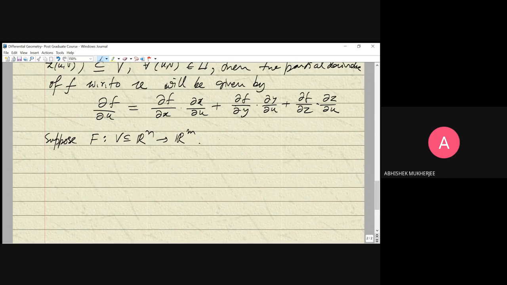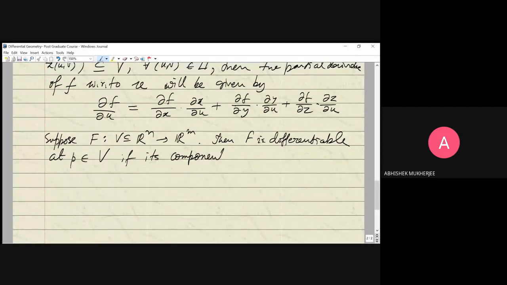Then you say that f is differentiable at some point P belongs to V if its component functions are differentiable at P.